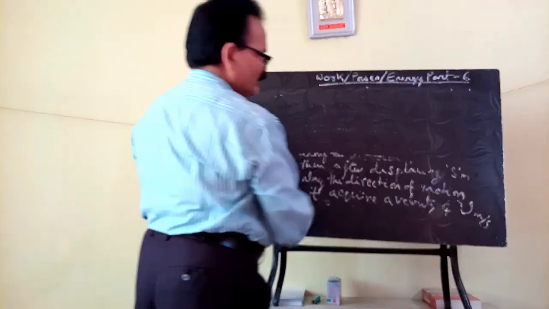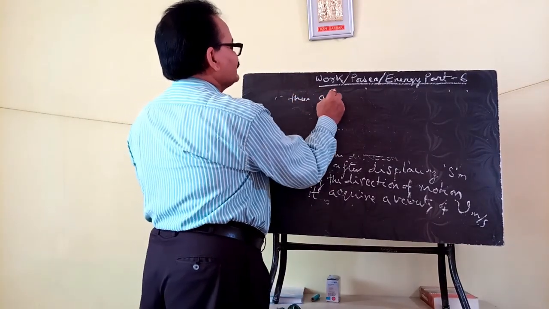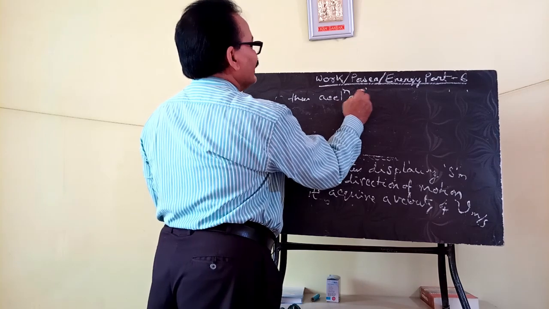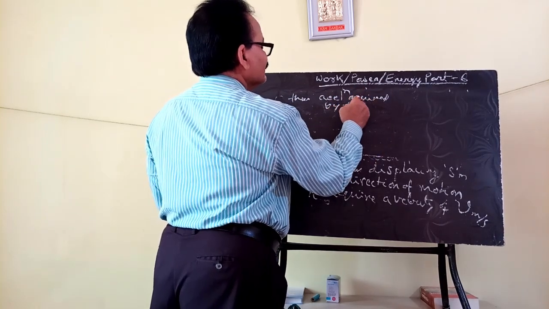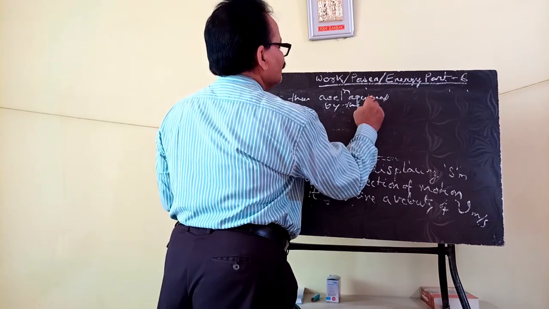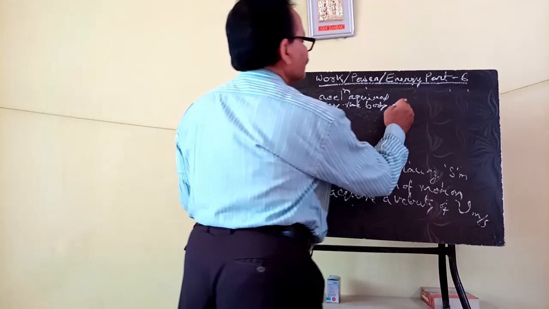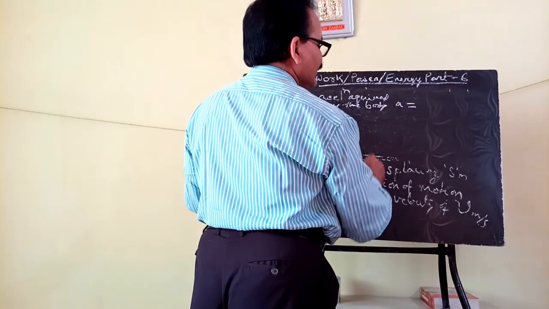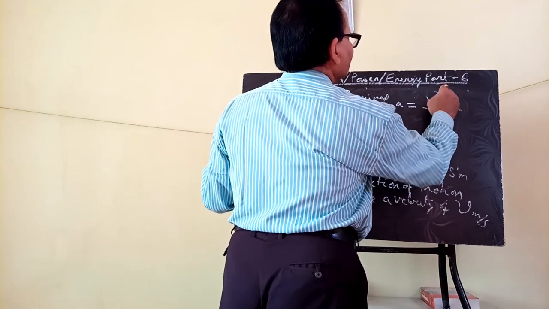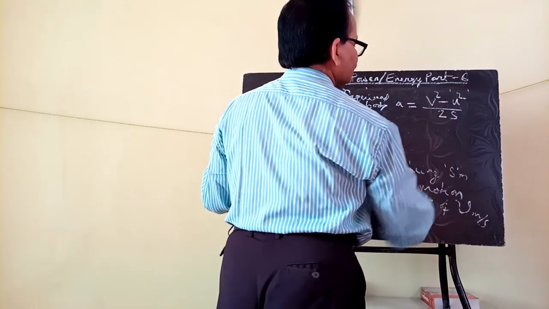Now you can see that the acceleration acquired by the body can be determined by the formula. The acceleration acquired by the body, A, can be written as v square minus u square by 2s.